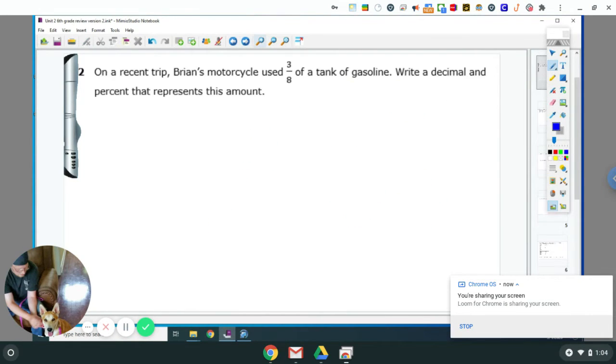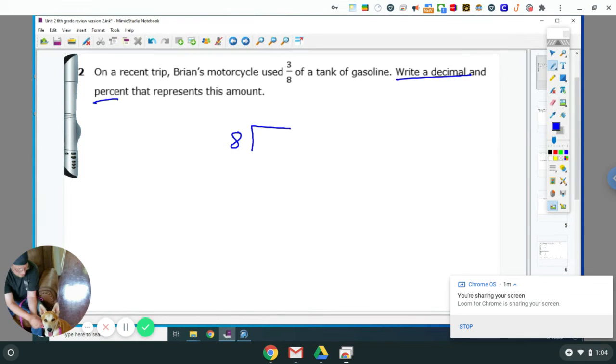Okay, number 2. On a recent trip, Brian's motorcycle used 3/8 of a tank of gas. Write a decimal and a percent to represent this amount. The way I'm going to write a decimal is I take 3/8 and divide to find the decimal form.